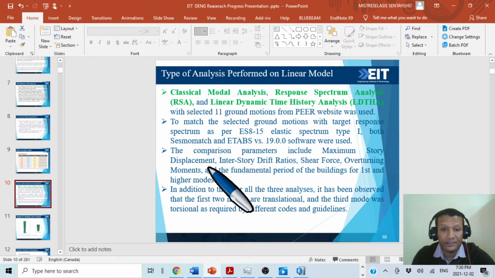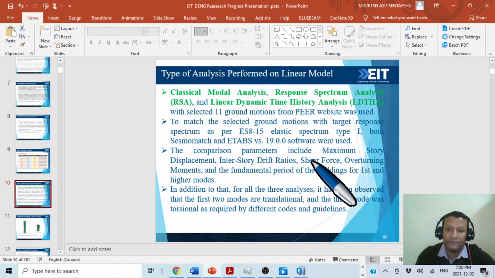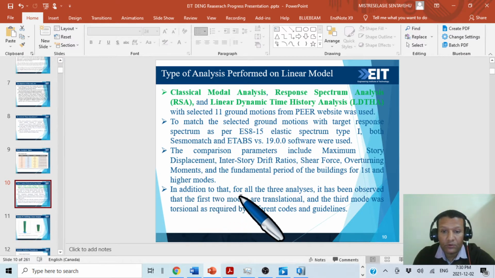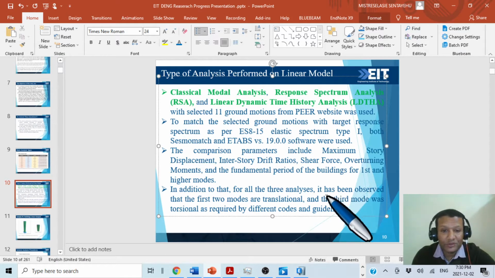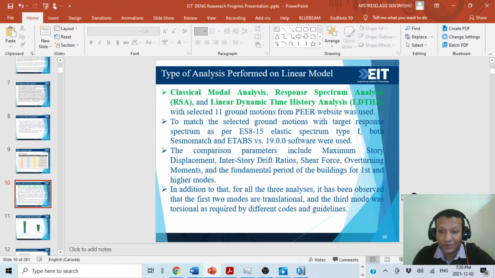After we did the analysis, we will check. We can add others also, but these will be the basic ones. In addition to that, for all three analyses, it should be checked, but it's already observed that the first two modes are translational modes. I will show you the first two modes.